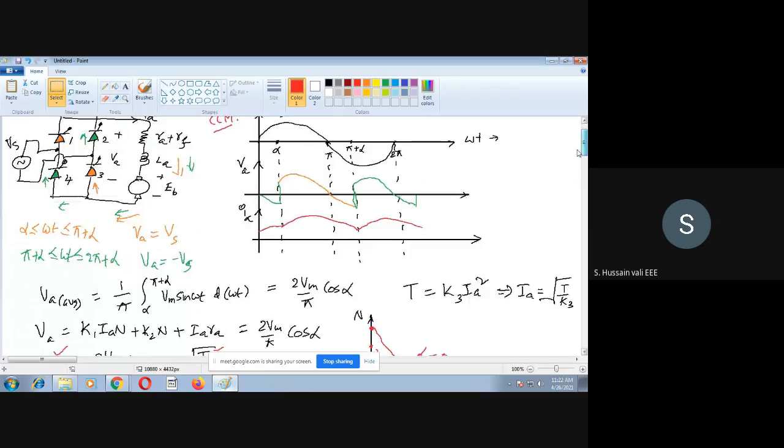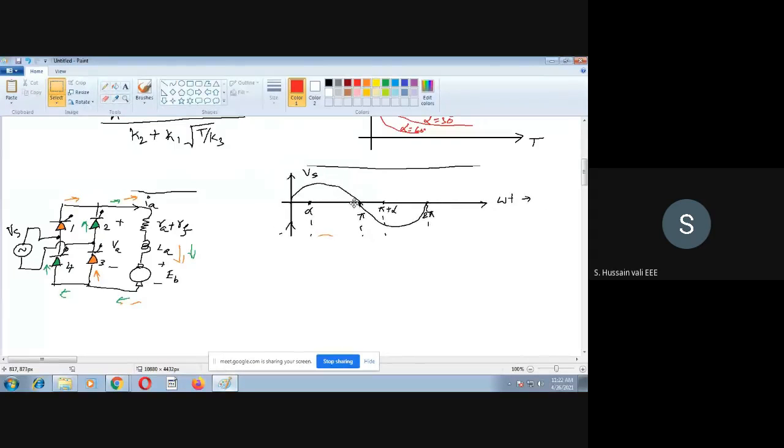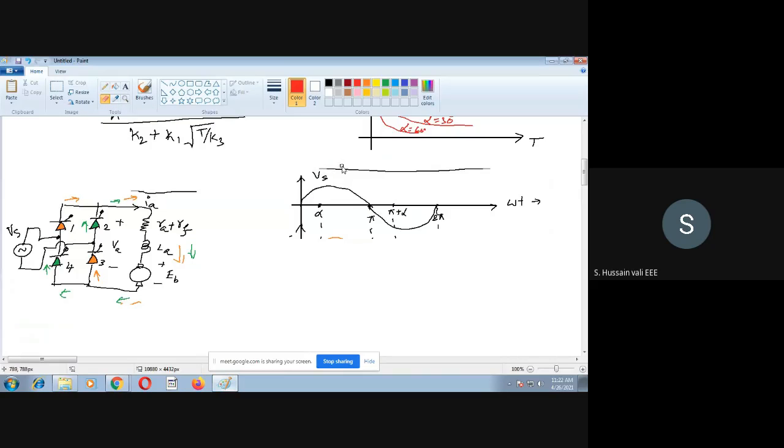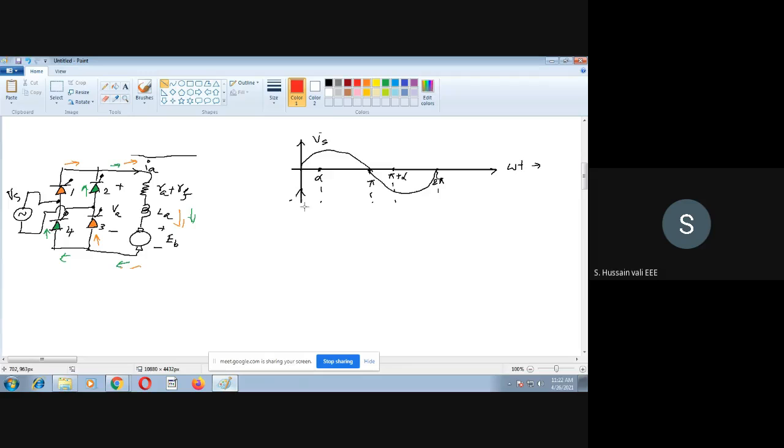I'll bring this here. So this is Vs. In discontinuous conduction, what you find out is that at omega t equal to alpha, you will find out that... So I'm going to draw the output voltage waveform.